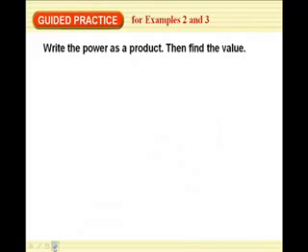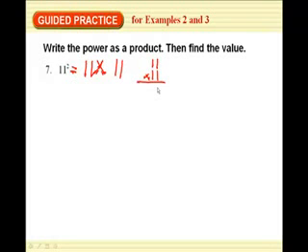Write the power as a product, then find the value. So the power as a product means I need to write it out. 11 squared means 11 times 11. Sorry, the pen's not working again. And then find the value. 11 times 11. If you can't do it, you just do the 1 times 1. 1 times 1 is 1.